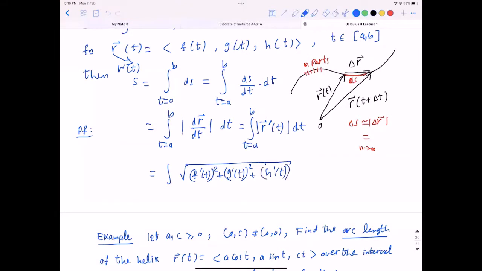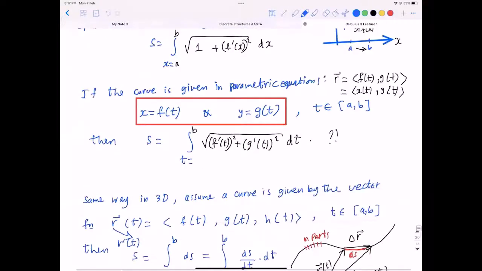Or write it the other way, from t equals a up to b. Or using this notation, x dot square plus y dot square plus z dot square, all of this under the radical dt. This is the proof.